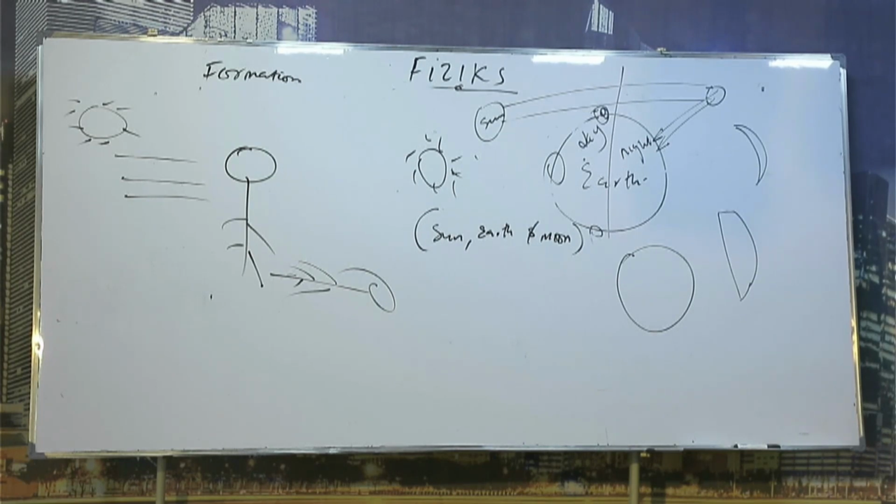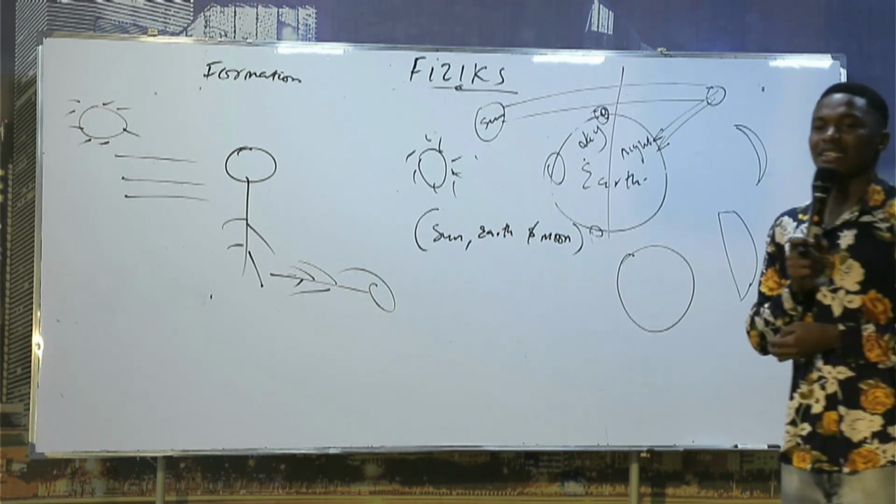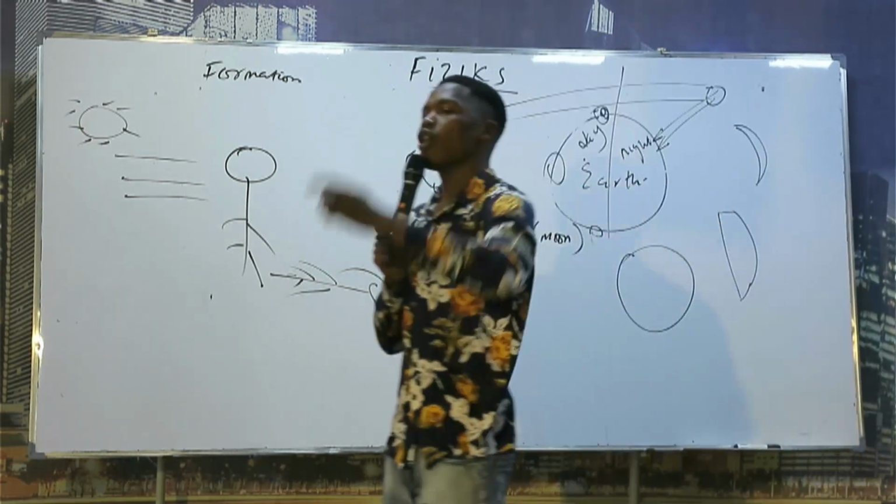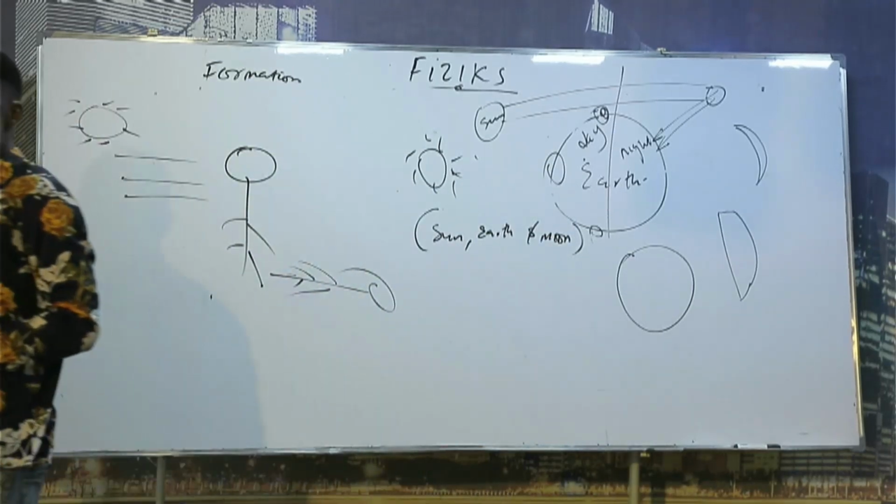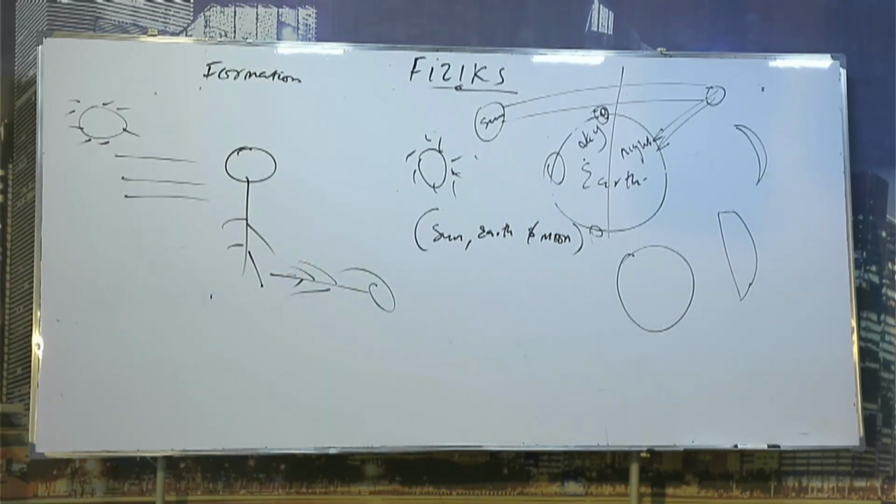Okay, now somebody asked me, Uncle, why is our shadow normally short at day and tall during the night? Now, the length of your shadow depends on where the light is or where you are relative to the light coming in.